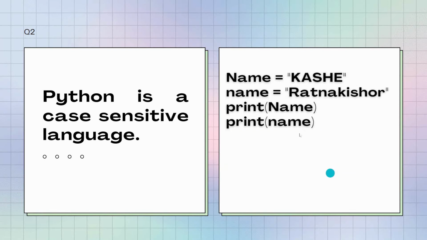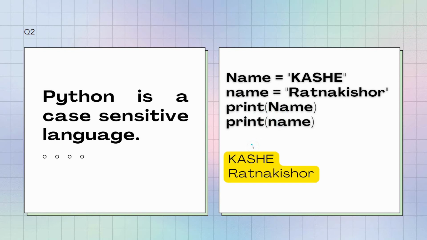And coming to the second example, here I am using two variables, both having the same name, but the first variable starts with capital N and the second variable starts with lowercase n. Here Python treats these two variables as different variables because it is a case sensitive language, and then I am using two print functions with both the variables.